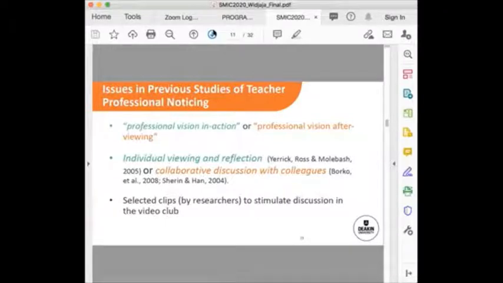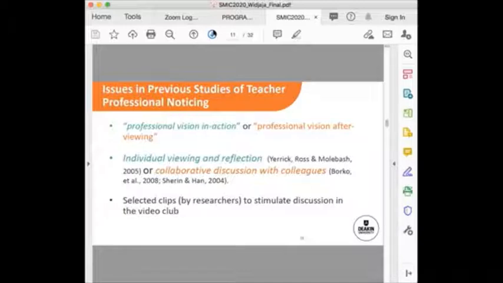For example, the distinction between professional vision in action and professional vision after viewing, because we noticed that when we look at the reflection the teacher completed after the lesson, and then when they went back after viewing the video and had more time to reflect on it, there are differences in the level of reflection.